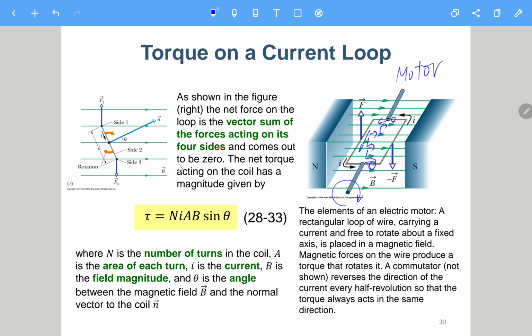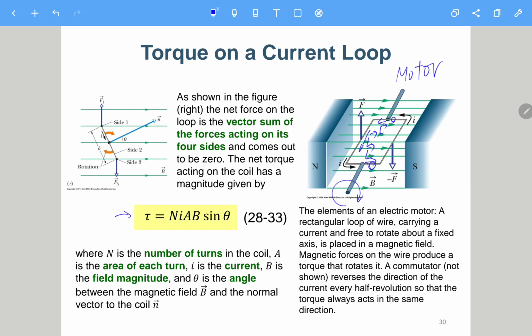This is just a cross-section diagram of this setup. Here we have an equation: tau equals NIAB sine of theta. Tau is the torque.